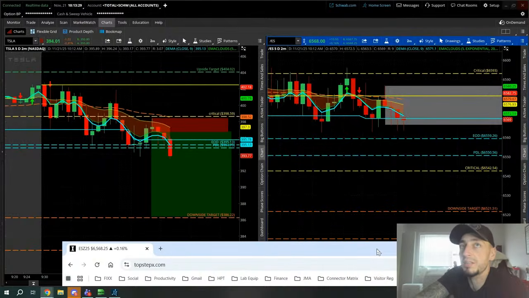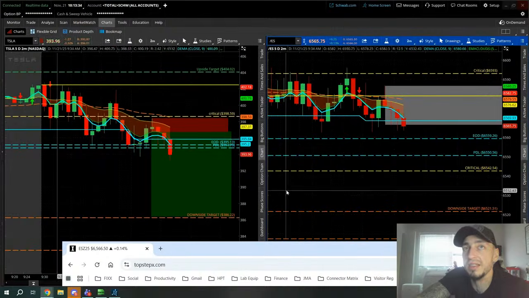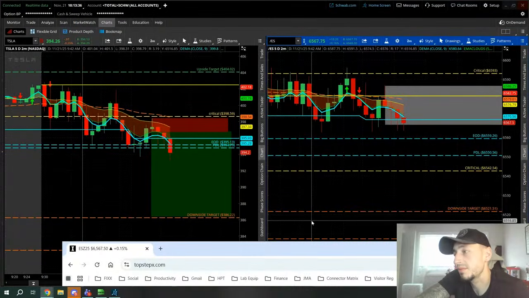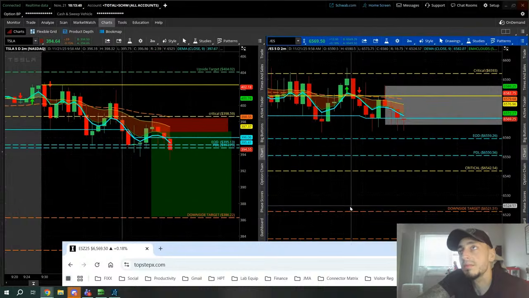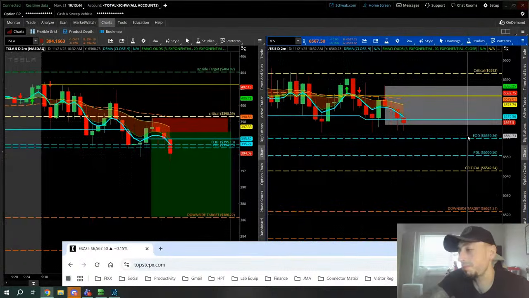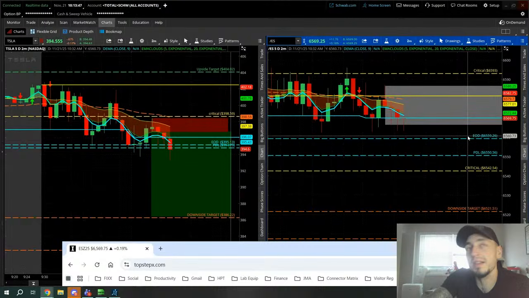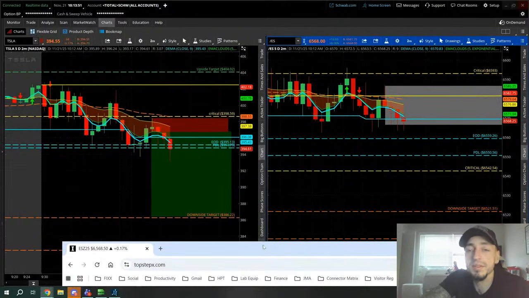Look at Tesla here. Look at this push on Tesla. 28% on Tesla. I think I'm gonna throw in a, I don't want to call it a break-even stop on Tesla. Let's just see what happens.